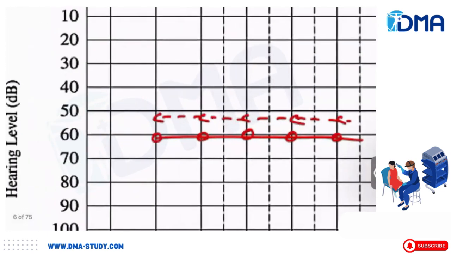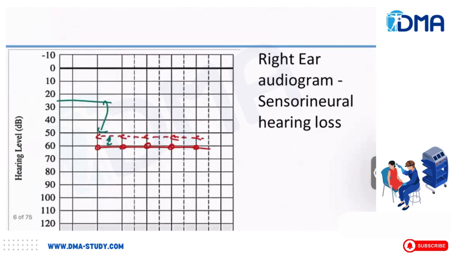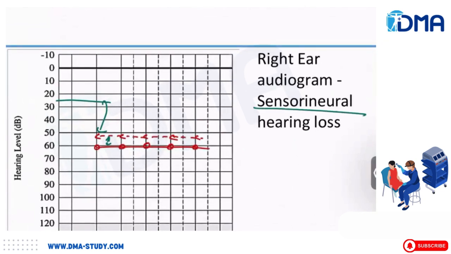This is the 25 decibel range. Both the curves are more than 25 decibel range. There is hearing loss, number 1. Number 2, bone conduction curve is more than 25 decibel. Yes, okay. Number 3, air-bone gap less than 10 decibel. So all 3 are confirmatory of right-sided sensory neural hearing loss. Now have you understood?